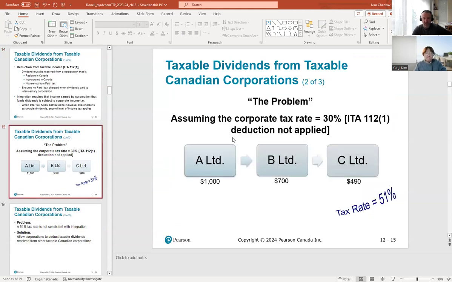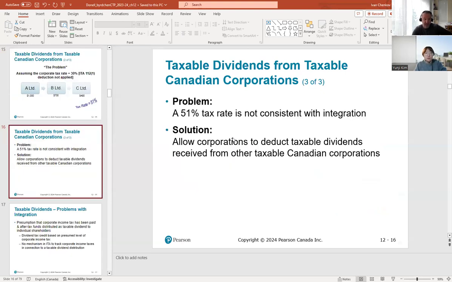Assuming that the corporation tax rate is 30%, with A, B, and C companies, the taxable dividend, taxable corporation. Assuming the corporate rate deduction does not apply, you can see how the amount from 1,000 goes down to 49, from one corporation to another corporation to another corporation. Now the problem is that the 51% tax rate is not consistent with the integration.